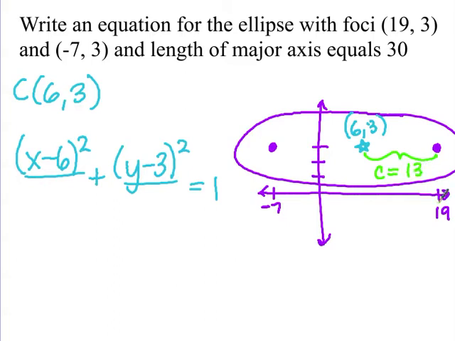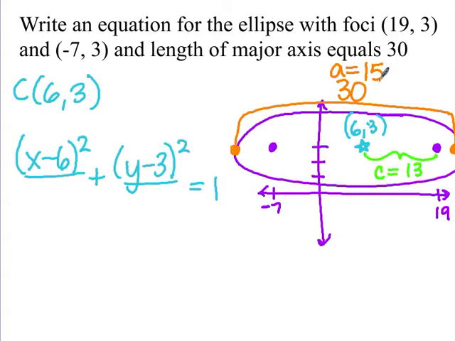The only other tidbit of information they tell me is that the length of the major axis equals 30. So when it says that, what that means is that from endpoint here to endpoint here is 30. So what do you know A has to be? 15.